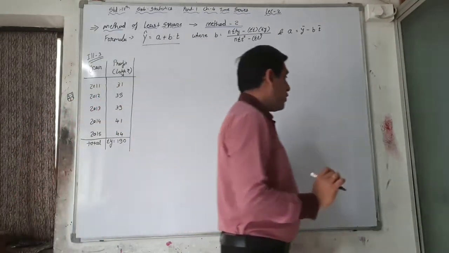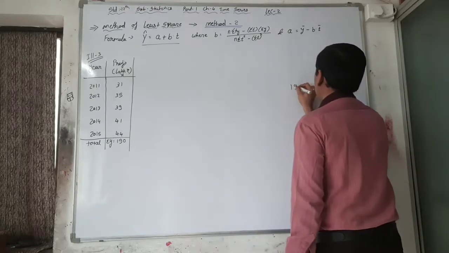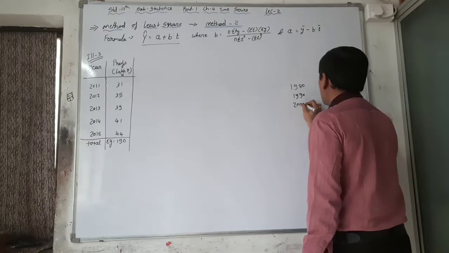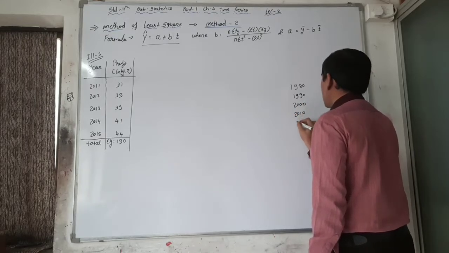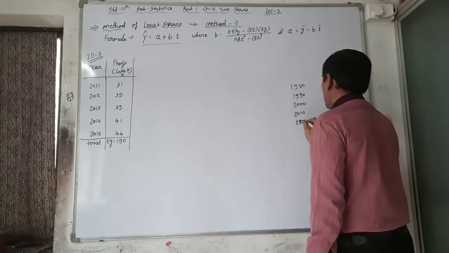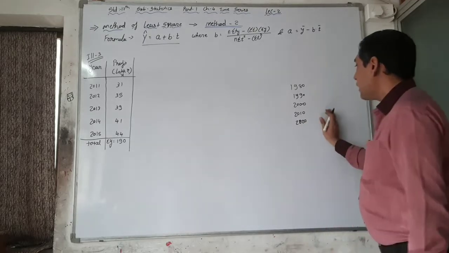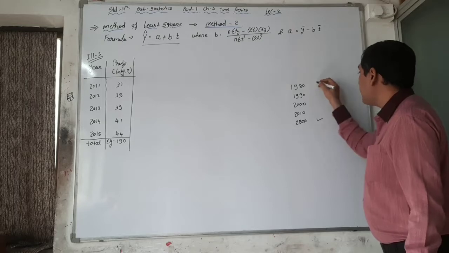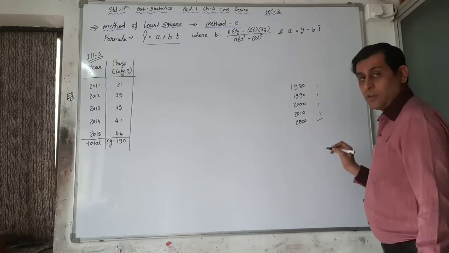That's why, if we want, see, 1980, 1990, 2000, 2010, 2020. If we are using the graphical method, we'll get these on the basis of these and these, right?